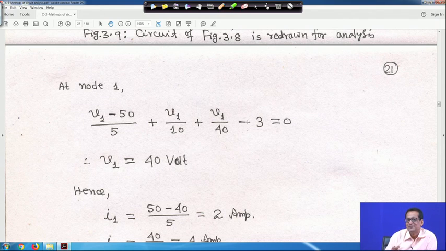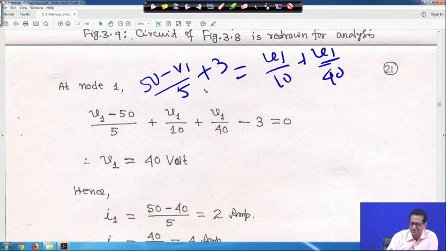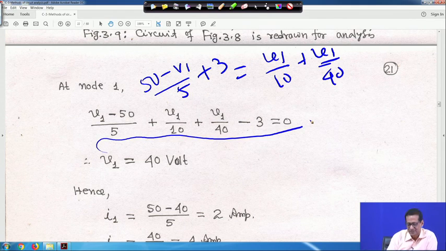Just for the purpose of explanation I wrote everything, but you can write it directly. Earlier I wrote (50 minus V1) by 5 plus 3 is equal to V1 upon 10 plus V1 upon 40. If you bring everything to one side, say the right hand side, it will come like this, same thing. And solving this, you will get V1 is equal to 40 volt.